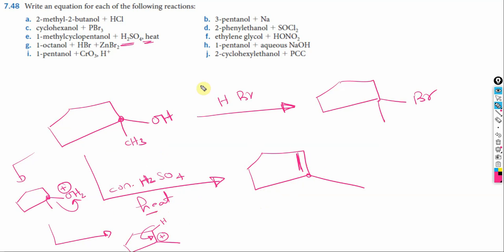If you have a halo acid, you're going to have the corresponding alkyl halide, but if you use sulfuric acid or a sulfuric acid phosphoric acid mixture with heat, it's going to give you a dehydration reaction, which is a loss of an OH from here and H plus from there to get an alkene. So that's something that you definitely need to make sure you distinguish between these two acids.